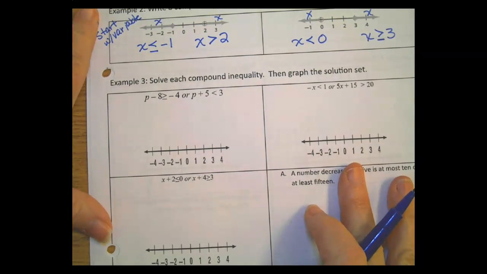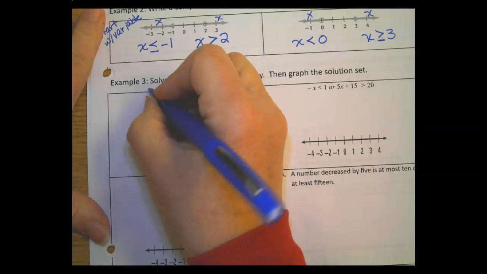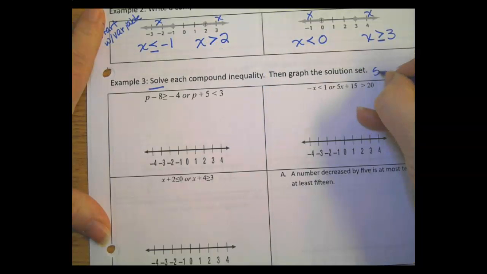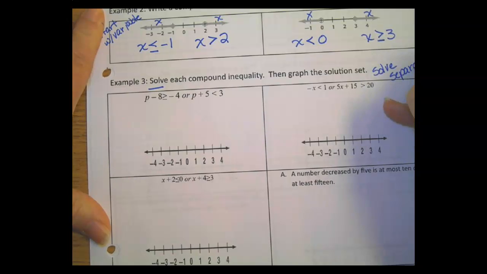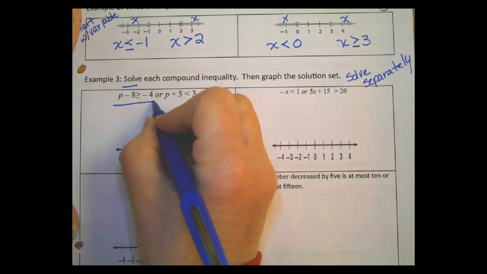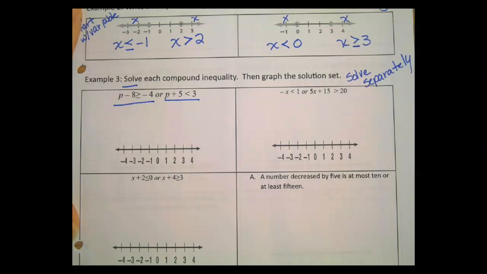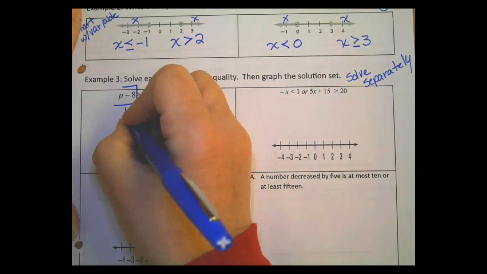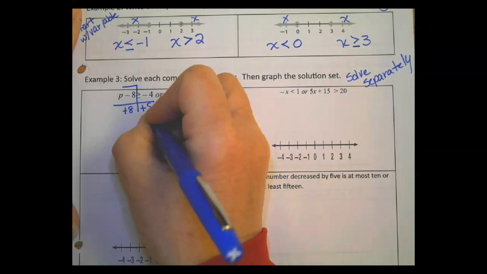Okay, we got more. This time it says to solve separately. I'm sure you knew I was going to say that. Okay, so here's an equation and here's an equation. So, add 8, add 8.